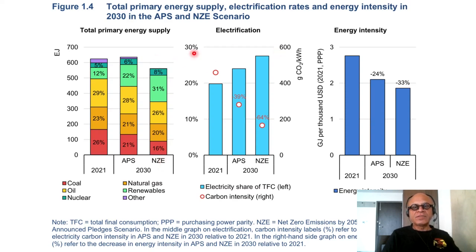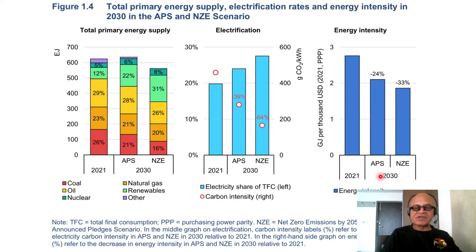So here we are at about a gap of something like 5%, which is not bad, and that can be split into electrification and energy intensity as well. And you can see that electrification has to go up quite a bit compared to the announced pledge scenarios, and energy intensity has to drop by about 9% from the announced pledge scenarios to net zero emissions by 2030.